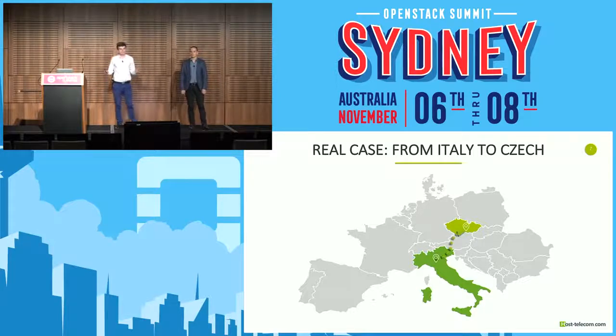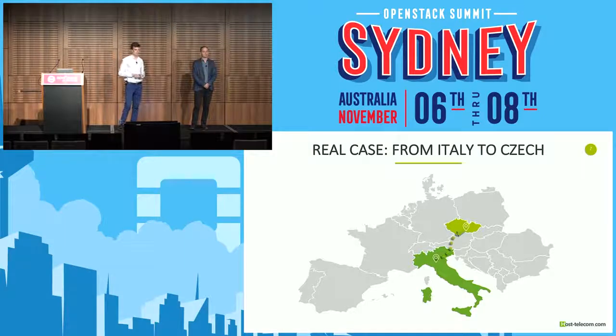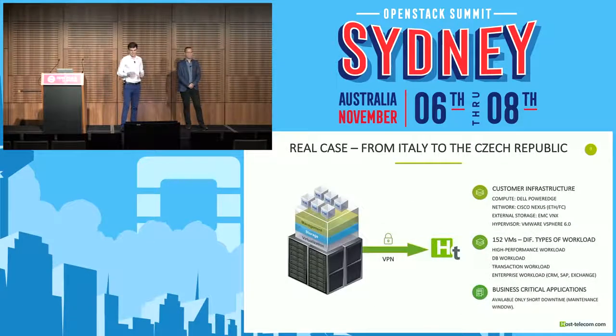We have a customer in Italy whose company grows very quickly. They're using VMware in their data centers, and they use our IT infrastructure to host non-mission-critical workloads. They began evaluating our cloud for additional workloads. Here are some more details about the customer infrastructure.